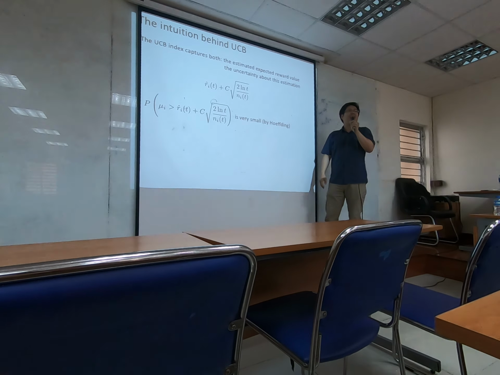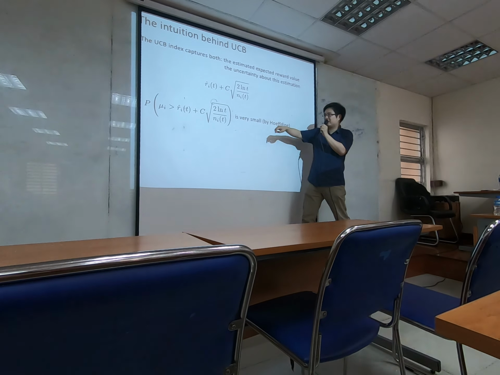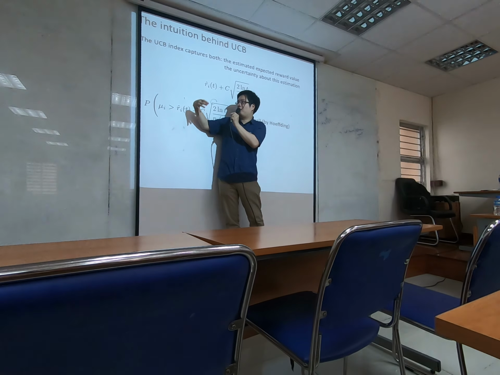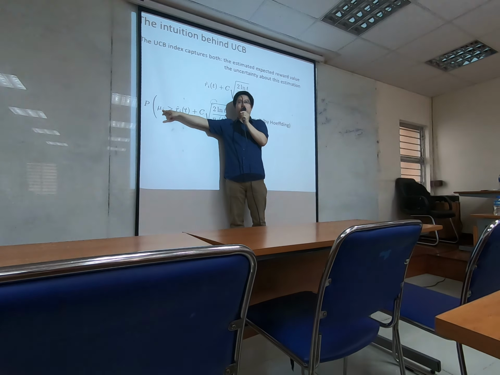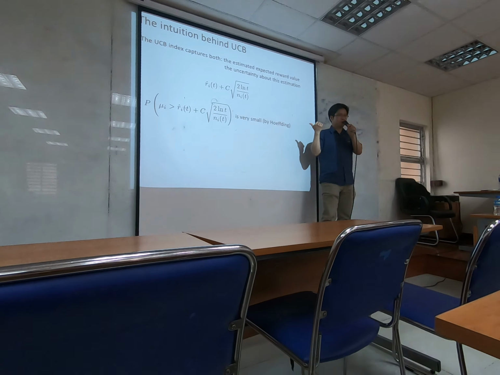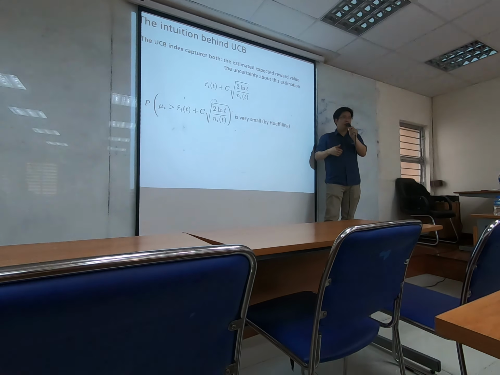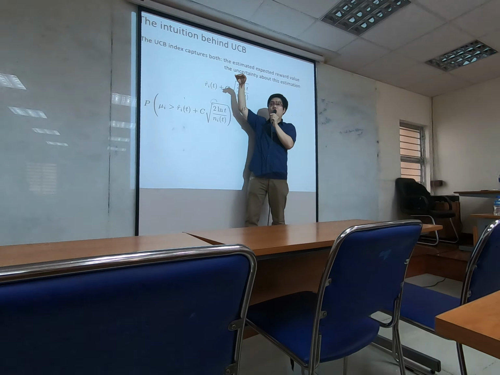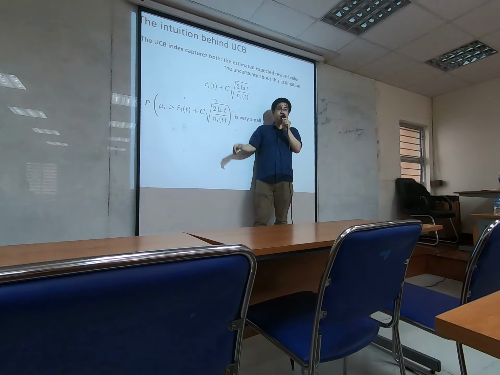So it's unlikely, and that's a very nice thing. It means the index is almost always a good estimate of the true mean value, but always higher. That's why this technique is called learning or optimization in the face of optimism. Optimism means that we always believe we have some kind of overshoot.